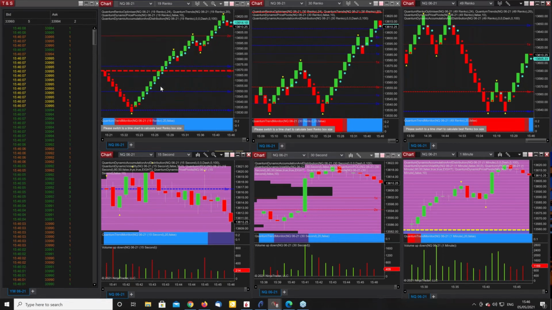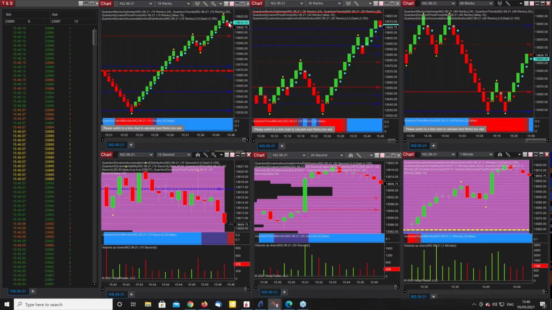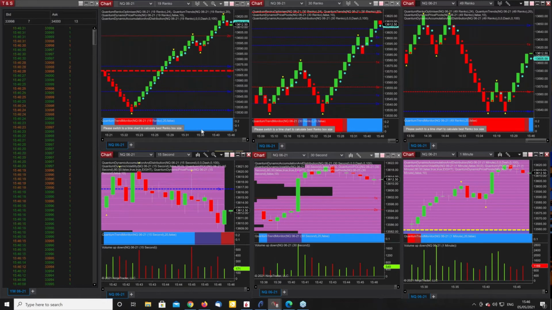But the reason this changes first is because it is very close to price action, and you'll see it all the time. It rolls over, it'll change color, but the trend monitor takes a more considered view of the change in trend. It looks at trend and says, is this a change in trend? No, don't think so. If it thinks it is a change in trend, then you'll get a transitional color, and you'll go into these transitional colors of darker red and darker blue, and out the other side.